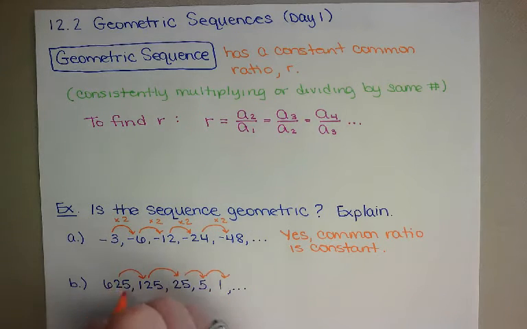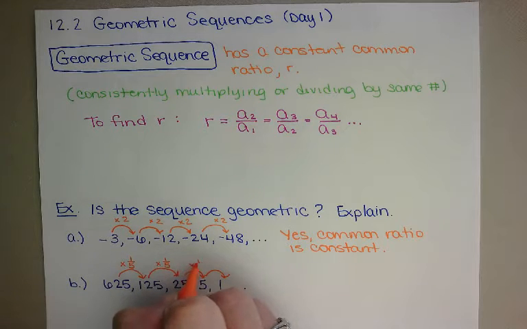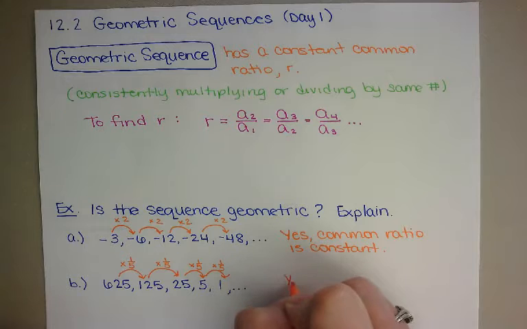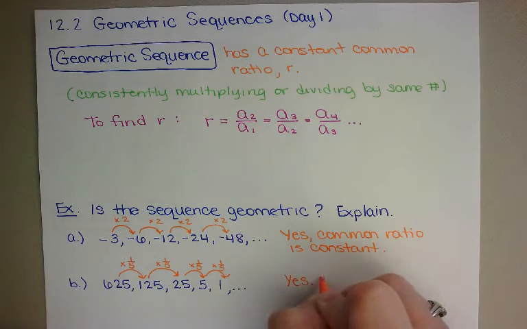So it is constant, but if you're going this way, you would say dividing by 5, or we're going to write it as a ratio, multiplying by a fifth. So yes, the common ratio is constant.